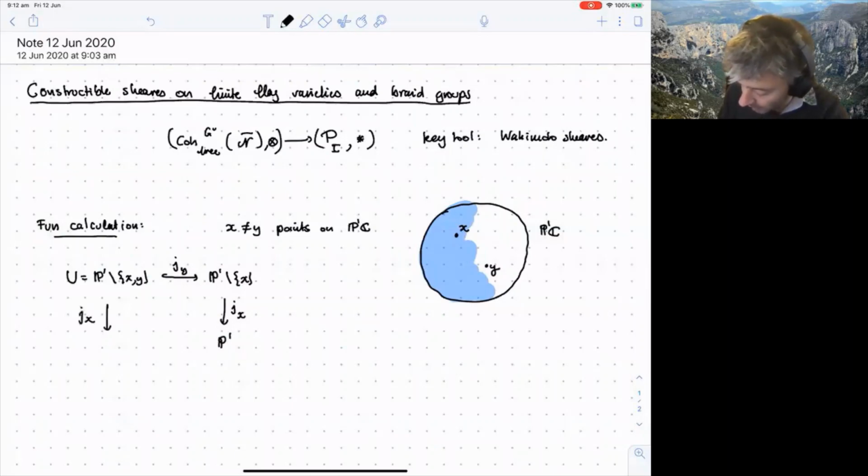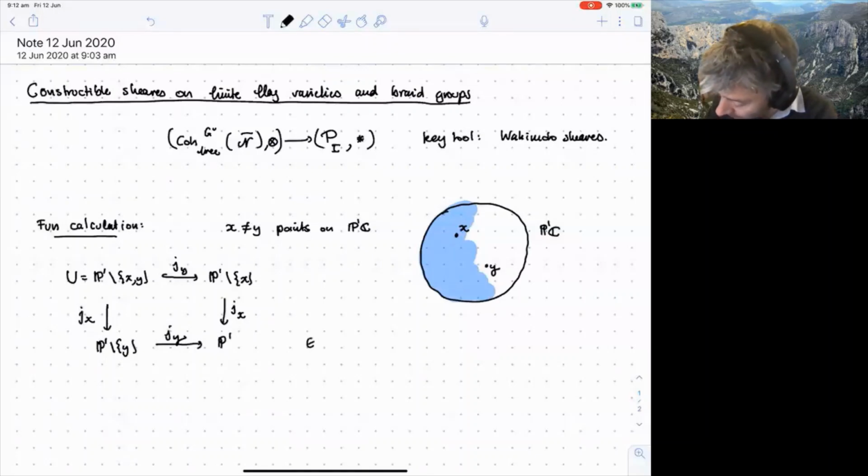And I'll use a standard abusive notation by denoting different maps by the same symbol. So there's 2 ways that we can put these points back in, and there's a lovely little exercise.